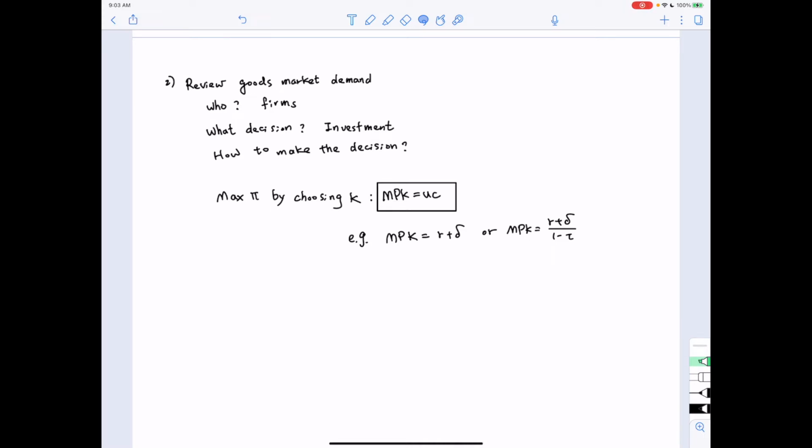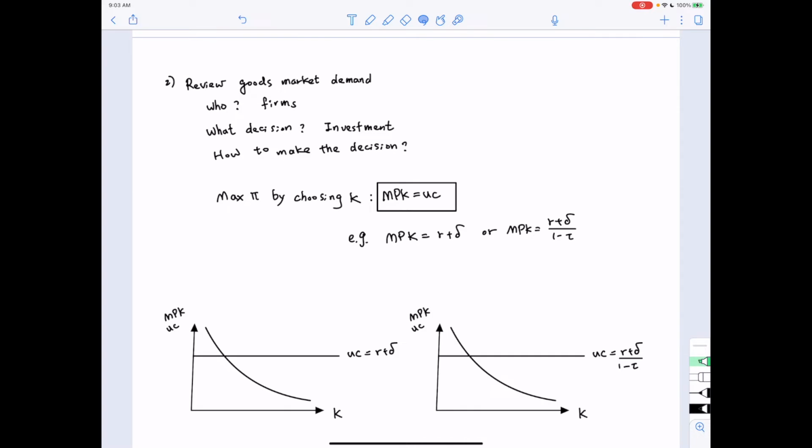So then based on these two examples, we come up with the graph for how to determine the optimal level of the capital stock. We said that the firms will choose the optimal level of the K such that the marginal product of the capital equals the user cost.